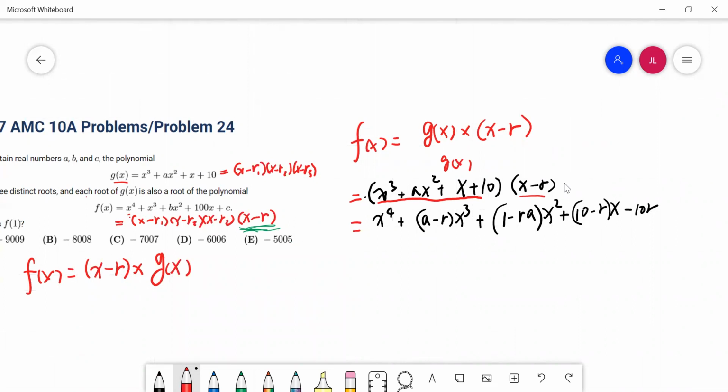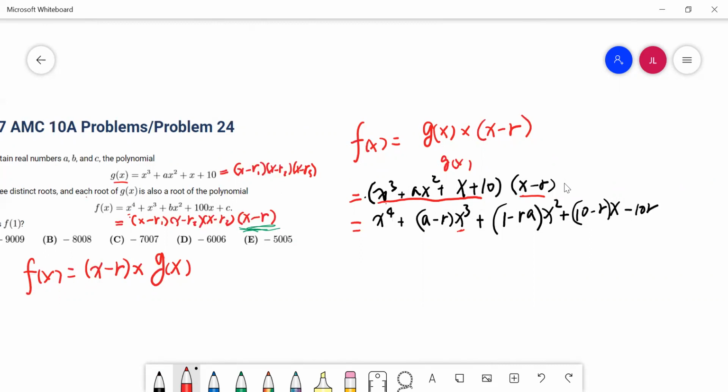We can have x to the power 4, x cubed times x to the power 4... We're going to have x to the power 3. This can have x squared times x, that's a x cubed. We have x cubed times negative r, so minus r x cubed, right? Okay, so then you can expand. You're going to get this expression.